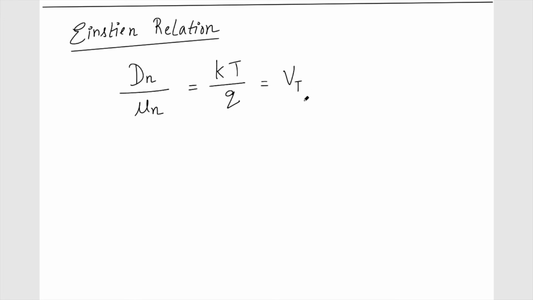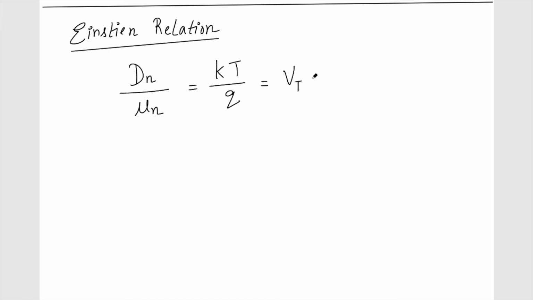This Vt has a unit of volts, but note that this Vt doesn't represent any physical voltage or potential difference. It's just a constant. And this Vt will come into picture whenever we discuss the PN junction diodes, okay. So this constant is going to keep coming.